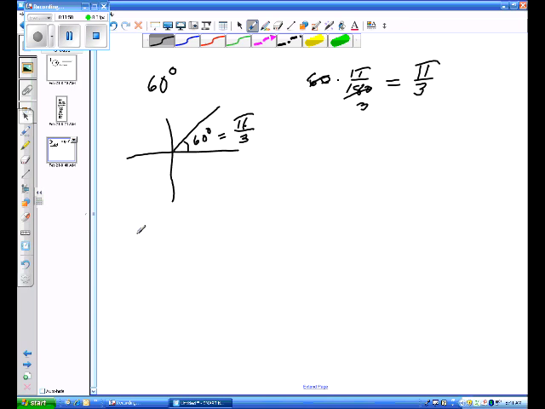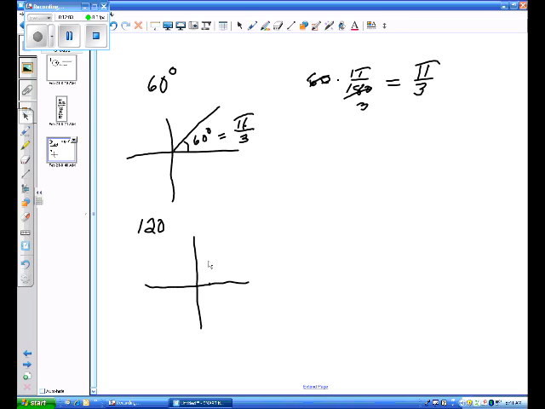Remember, your reference angle is between the terminal side and the x-axis. Now let's try 120 degrees. We're going to draw this in standard position. So going from our x-axis, we will rotate around, and we'll be in the second quadrant. And that's 120 degrees.